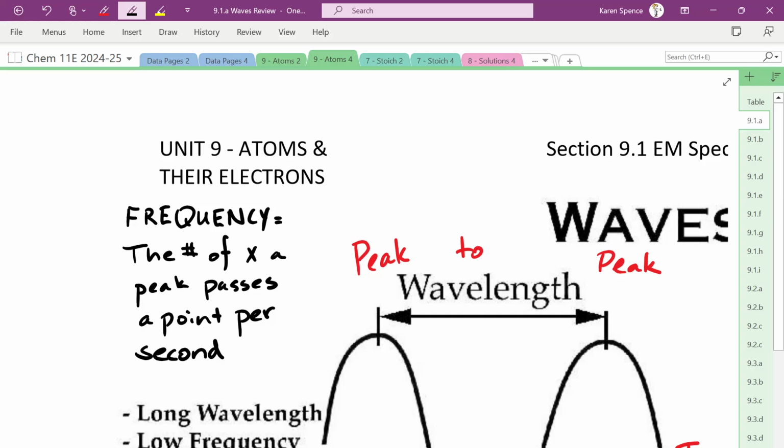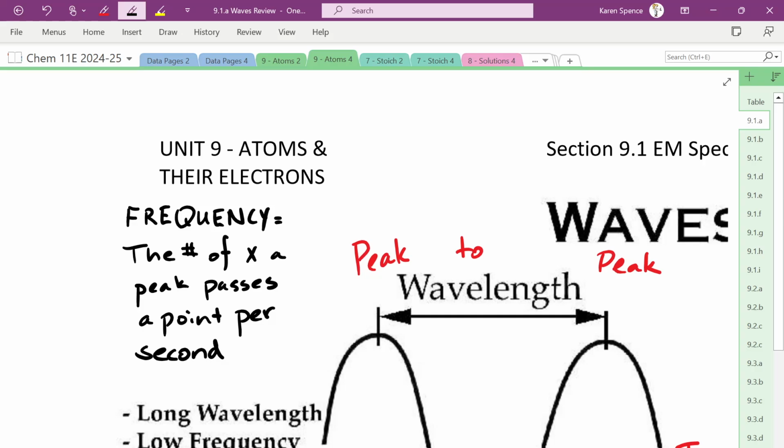Now, if we then decrease our wavelength, but it's moving at the same speed, 1 peak, 2 peak, 3, 4, 5, 6, it's about 2 per second, yes?